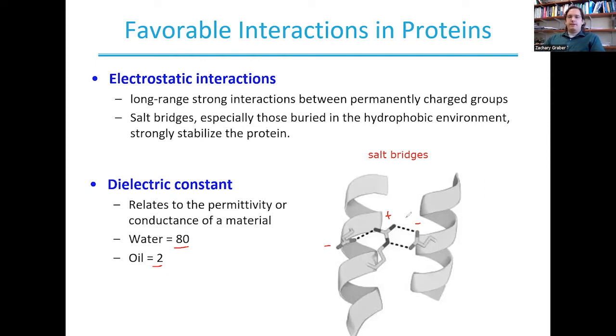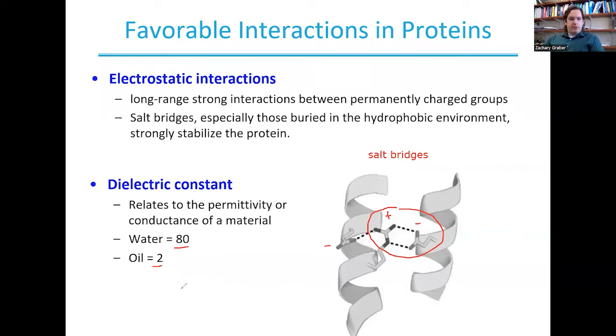And so what happens is if we have a charged interaction, it actually gets strengthened, because these charges really want to stay together here. This is the only possible interaction that they can really have within this nonpolar environment. Otherwise, they're just left all by themselves.